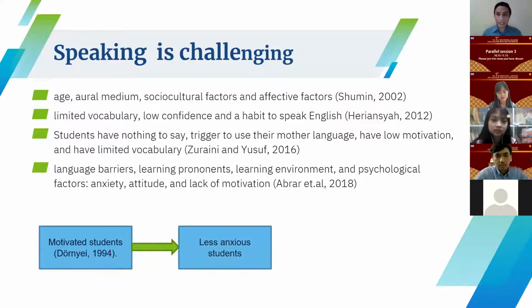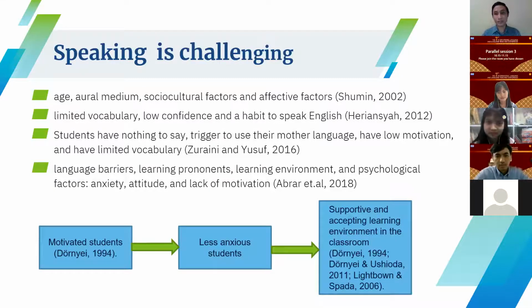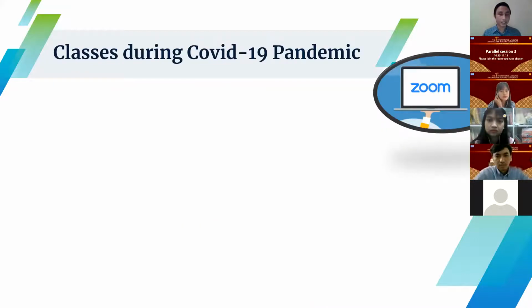And in order to be motivated, they have to be less anxious students. Therefore, it becomes the role of the teachers to create a supportive and accepting learning environment in the classroom. And as I have stated before, teaching speaking is also very challenging, especially during the COVID-19 pandemic.